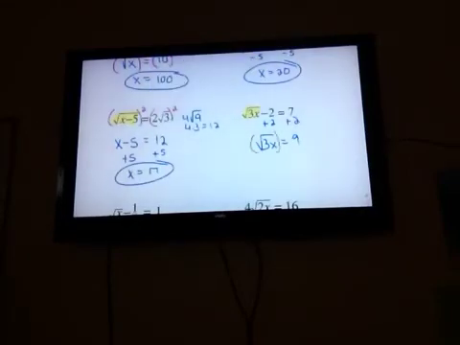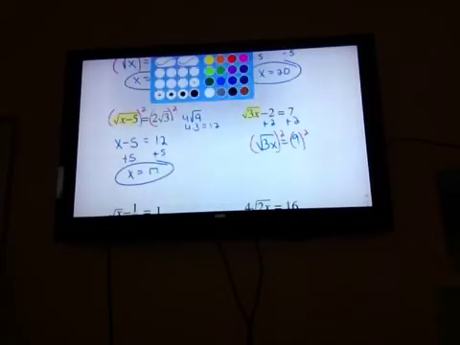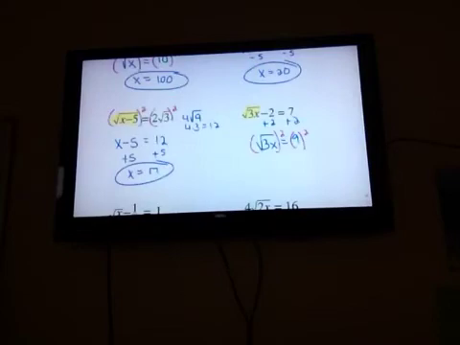So I'm going to square both sides. And I get the square root squared, gives you what's underneath. 9 squared is 81. And then divide by 3. And x is 27.